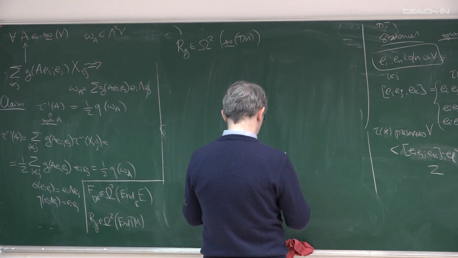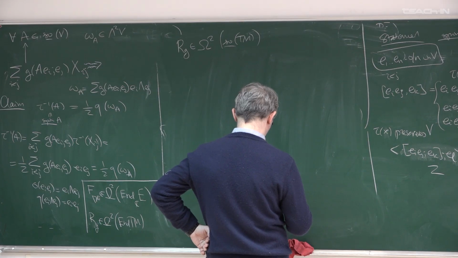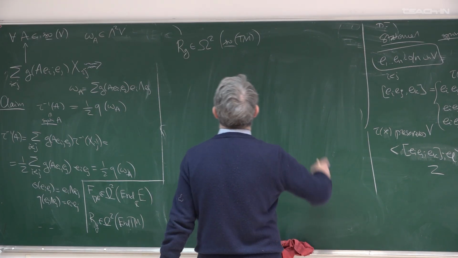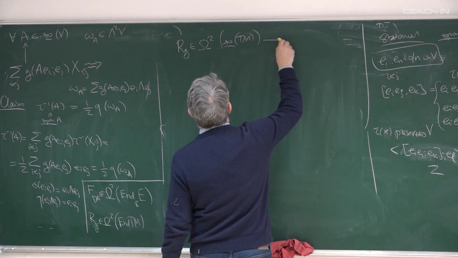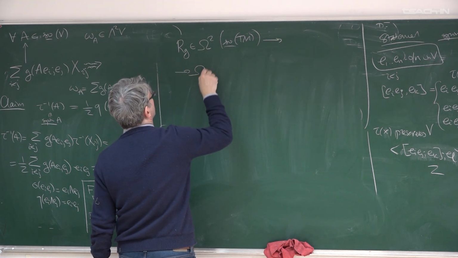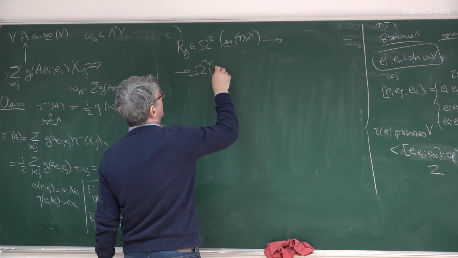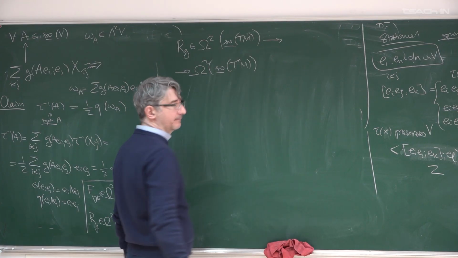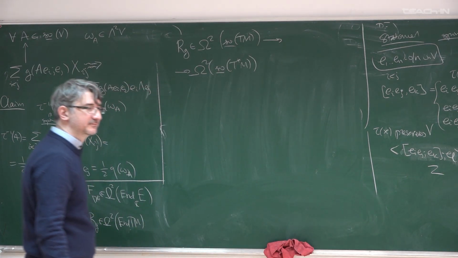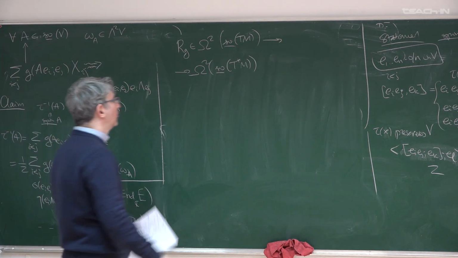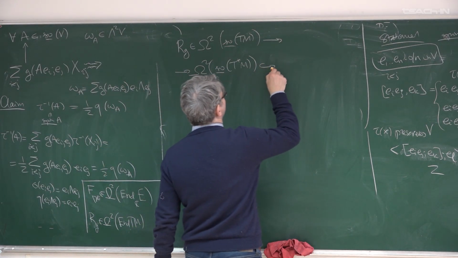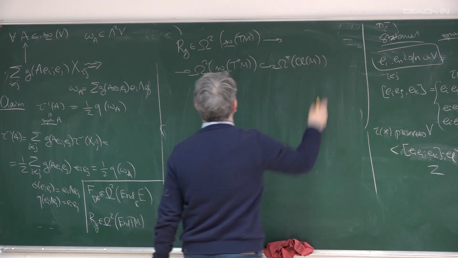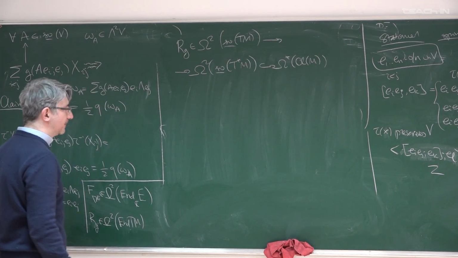Well, I want to put it inside something more complicated. So SO of TM can be identified with, since we have a metric, SO of T*M. Do you agree? Then we put it inside differential forms of the Clifford bundle of M. How do we do it?